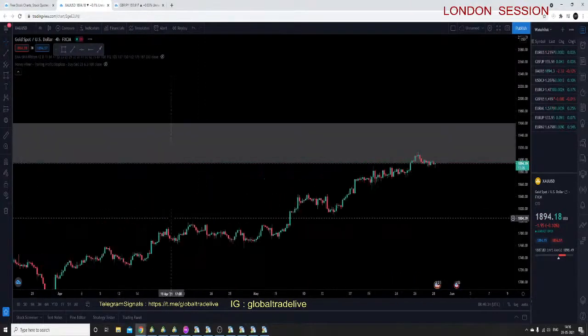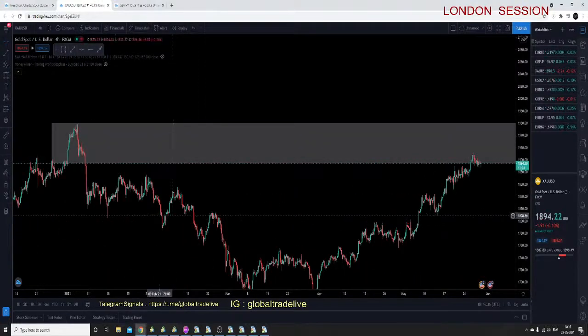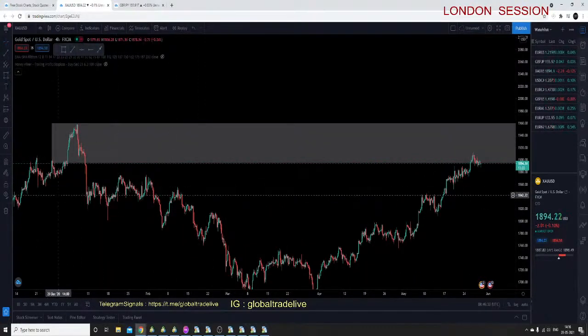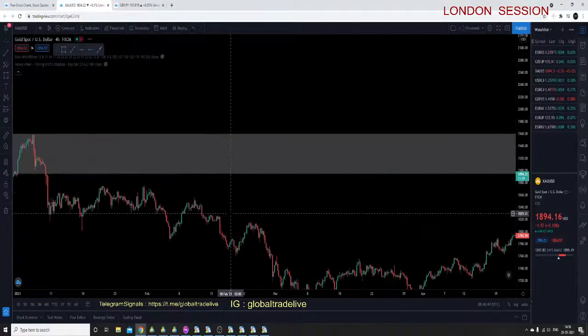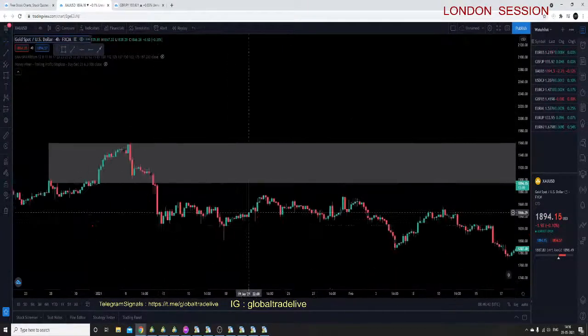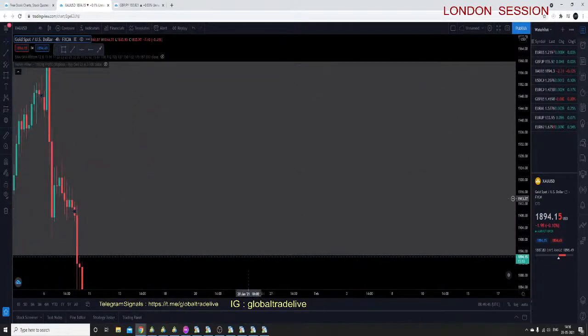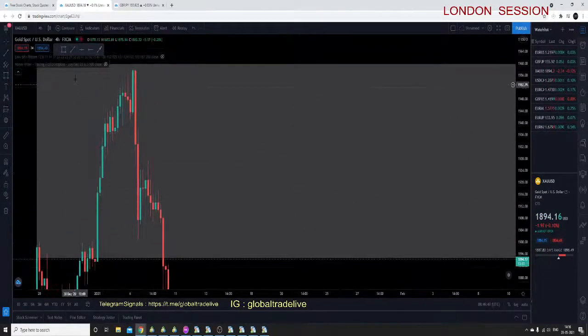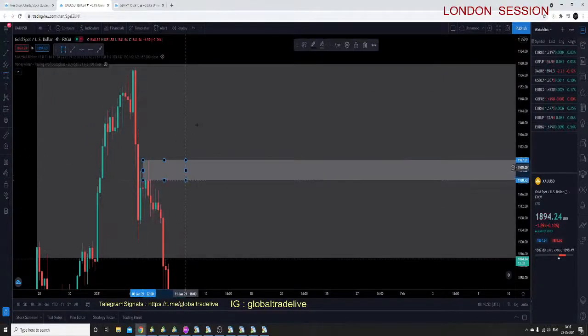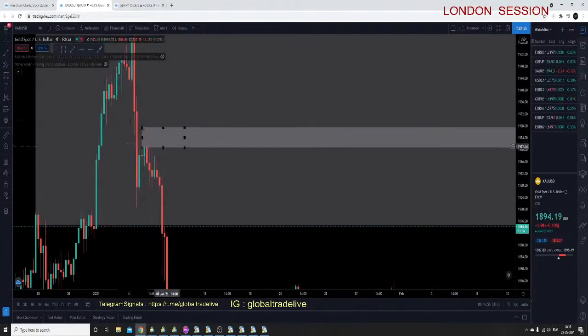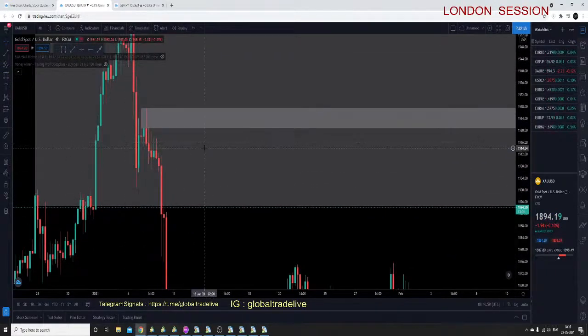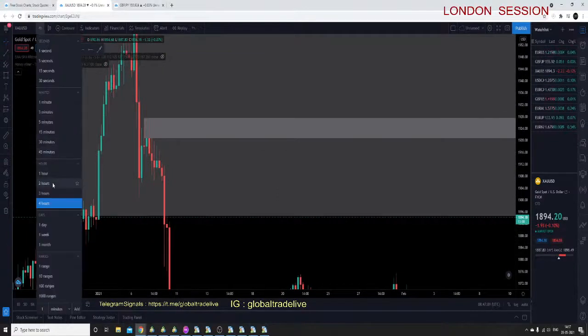What should be the trading zone for us? In the 4 hour, this wick over here, rejection. Alright.